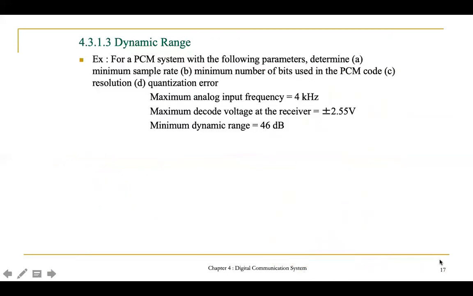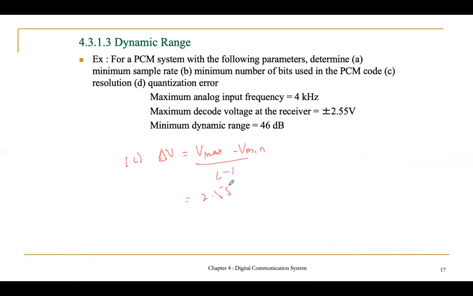So next, C, you want to calculate the resolution. Delta V, this is the resolution, is V max minus V min over L minus 1.